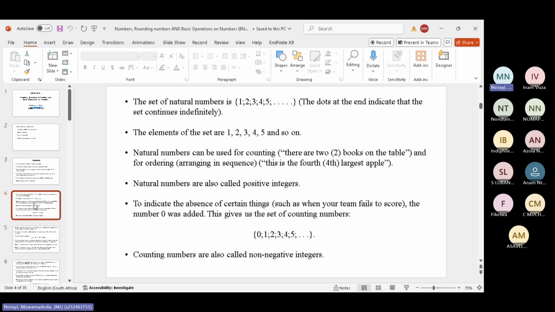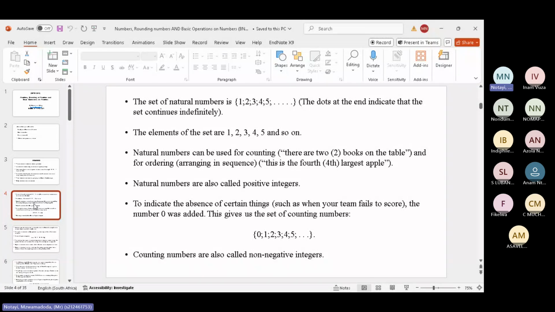The natural numbers can be used for counting, for example, there are two books on the table. They are also used for ordering, so we arrange things in sequence, like the fourth or the largest apple. Natural numbers are also called positive integers.